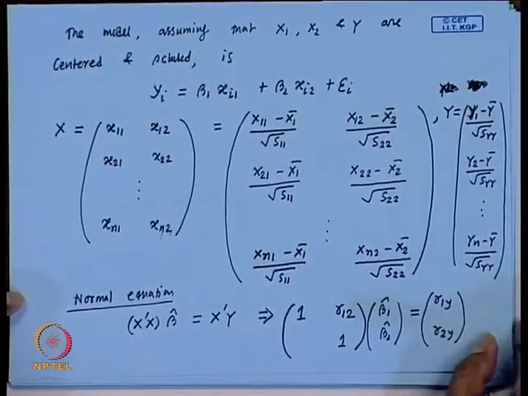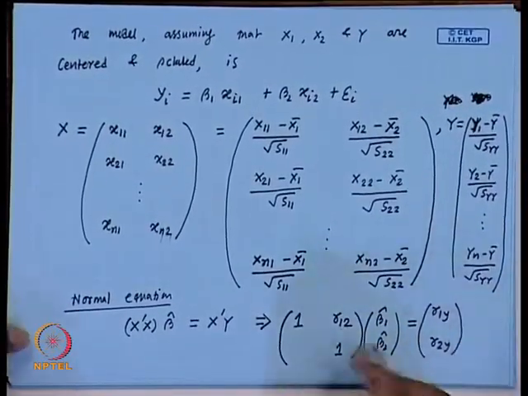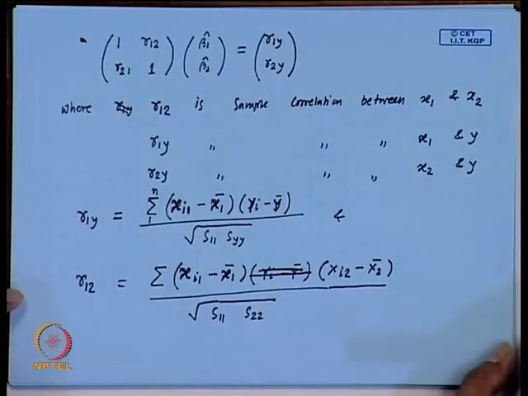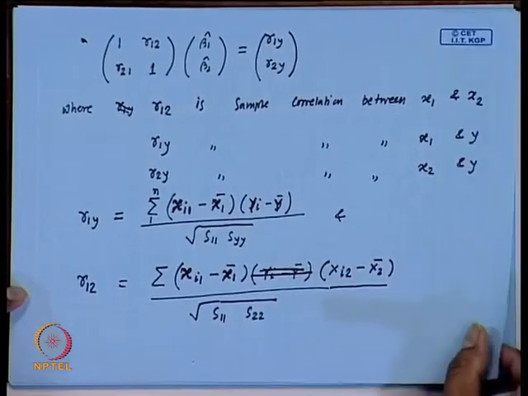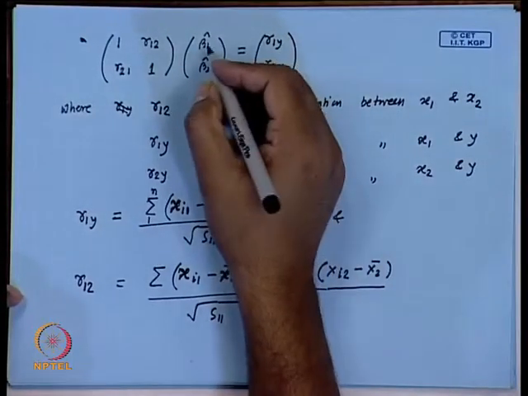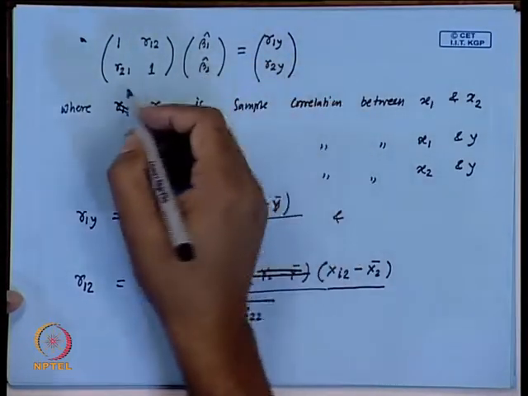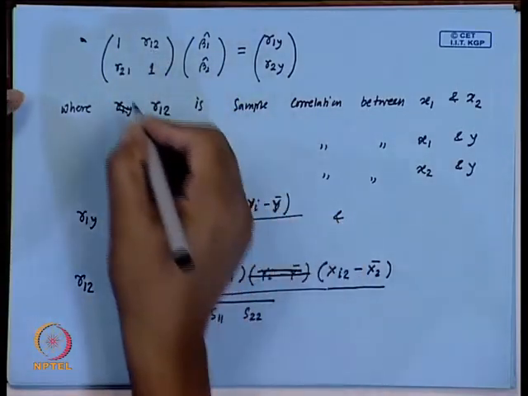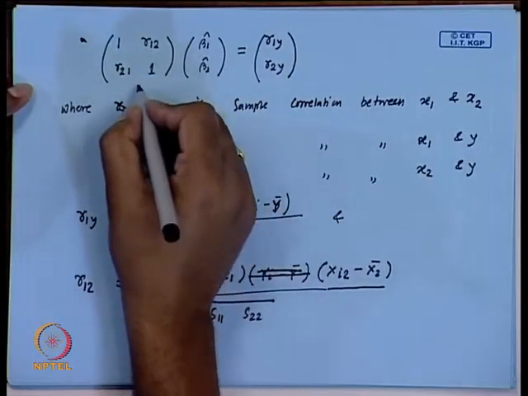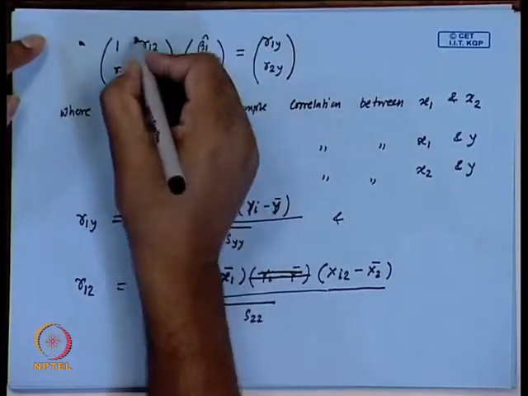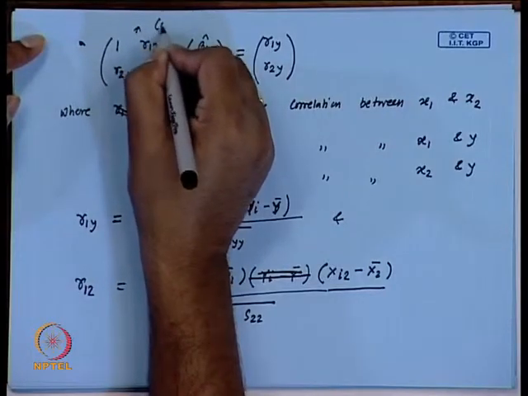You can check why this element is r_12, the sample correlation between the regressors x1 and x2. Okay. Now, to get beta_1 hat and beta_2 hat, we need to compute the inverse of this matrix. This X prime X matrix is now called the correlation matrix.